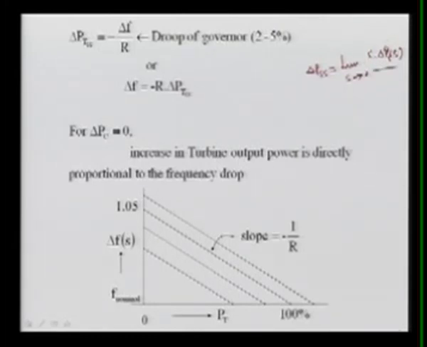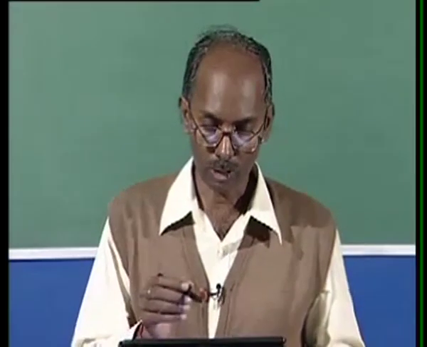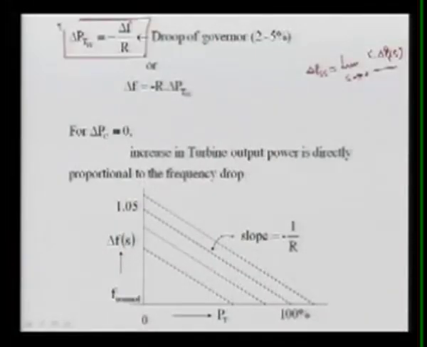So using this we can get the final expression with the change in the frequency. In this case we did not consider the change in the reference setting. So now you can see the change here is 0, meaning there is no change in the reference setting. The increase in turbine output power is directly proportional to the frequency drop.